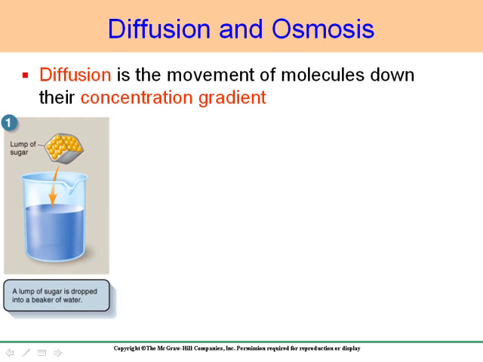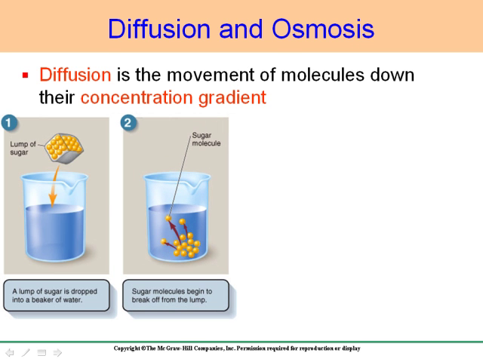As an example, let's consider a sugar cube being dumped into a beaker of water. After we drop that sugar cube into the water, individual sugar molecules are going to begin to break off from the lump and move away.